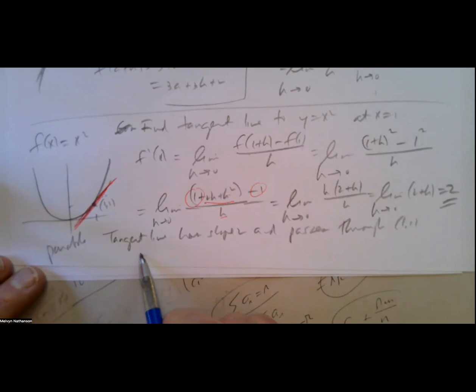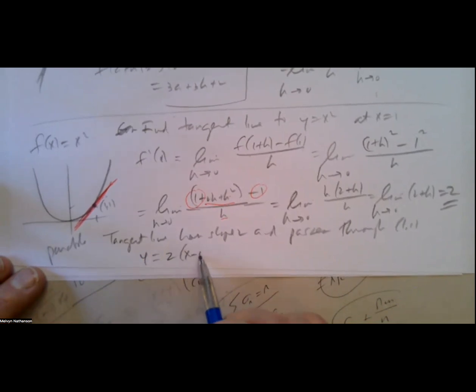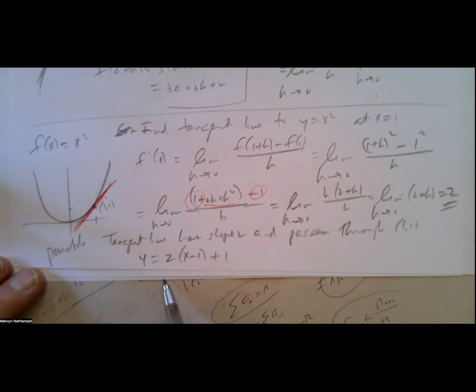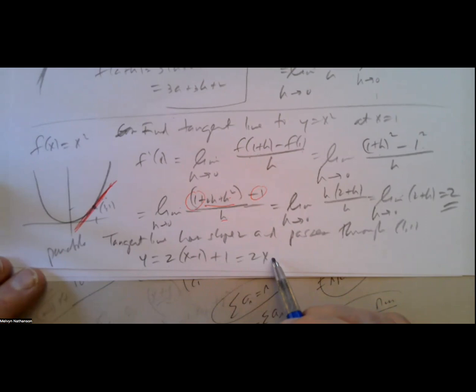So the equation of the tangent line by the point slope formula is y is equal to the slope 2 times x minus 1 plus 1. This is the equation of the unique line with slope 2 that passes through the point 1, 1. So this is 2x minus 2 plus 1, 2x minus 1.